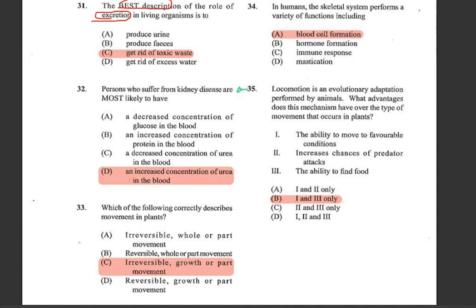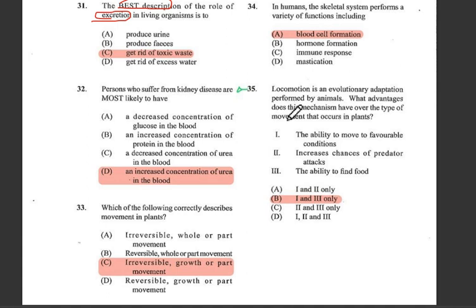Alright, number 35, locomotion is an evolutionary adaptation performed by animals. What advantages does this mechanism have over the types of movement that occur in plants? So here we're going to reason this out. We have the ability to move to favorable conditions, and 3 here would be the ability to find food.